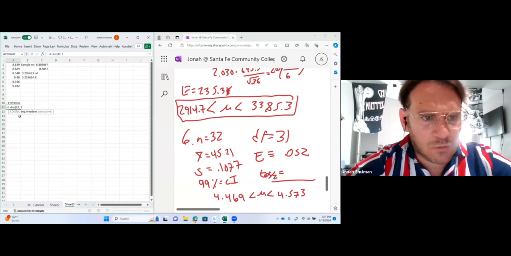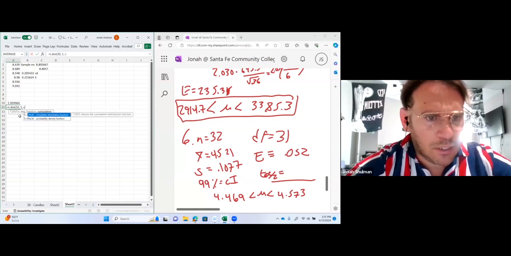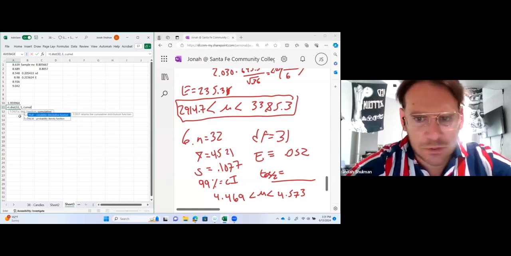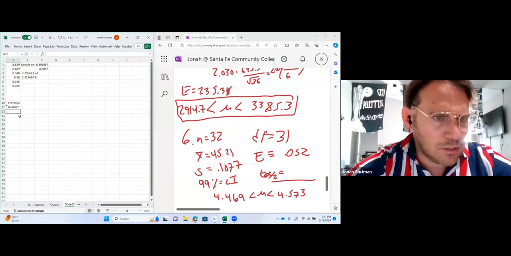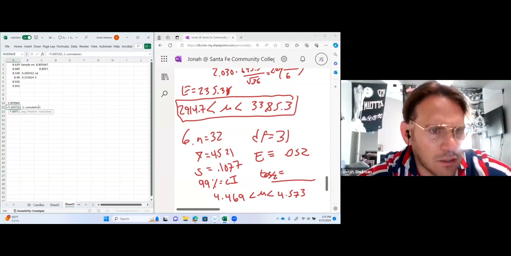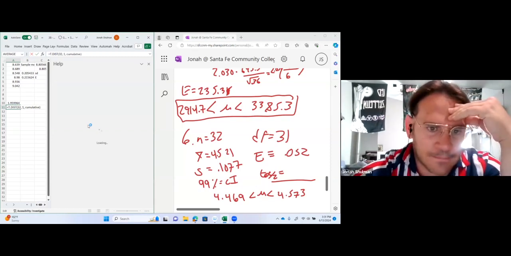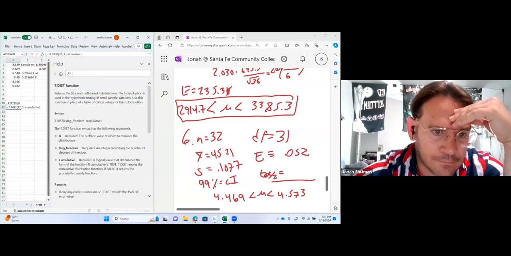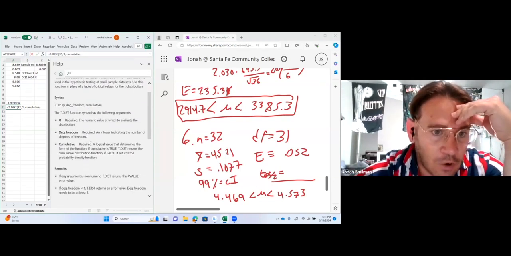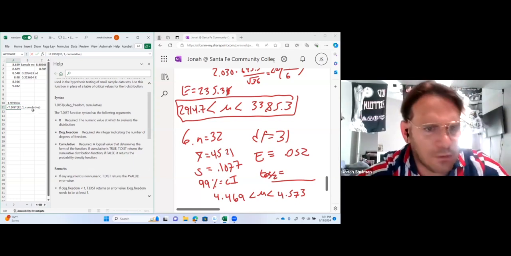Our degrees of freedom is 1. And I want the cumulative. Let's see if this works. No. Oh, I just have to write true or false. Okay. Let's see if this works.